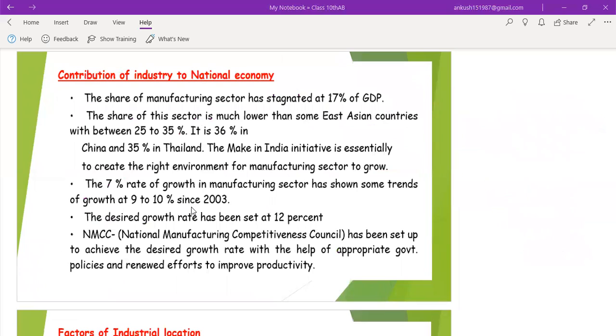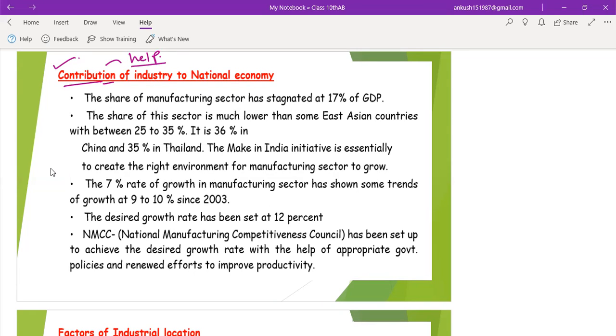Now, what is the contribution of industry to national economy? Is it the another heading in your book? Contribution means in another word, we can say help in our national economy. Yes, definitely the share in the GDP. GDP means, what does it mean by GDP? Yes, beta? Gross domestic product.